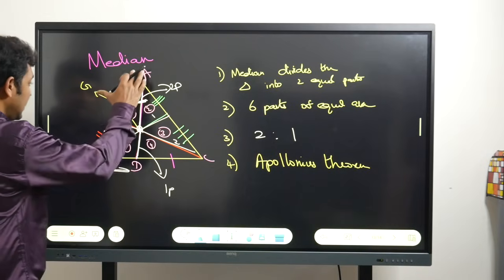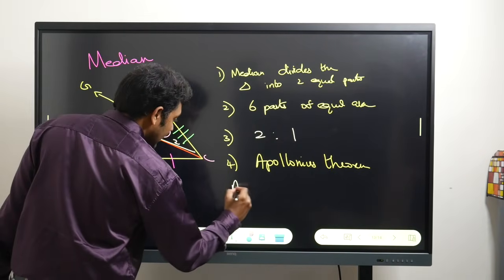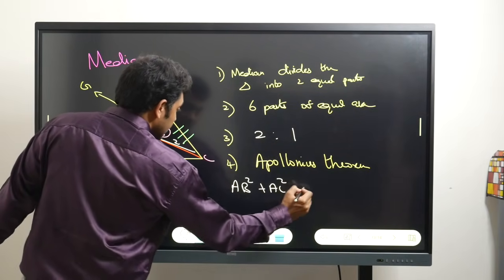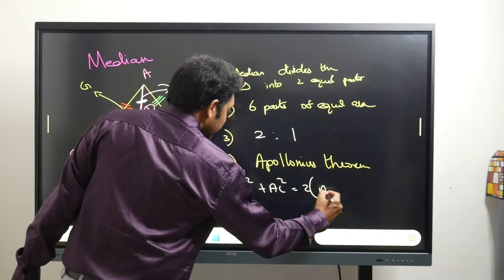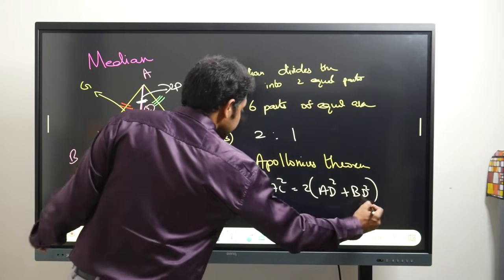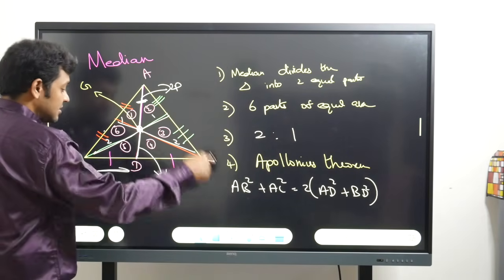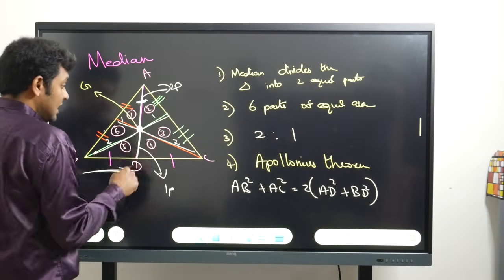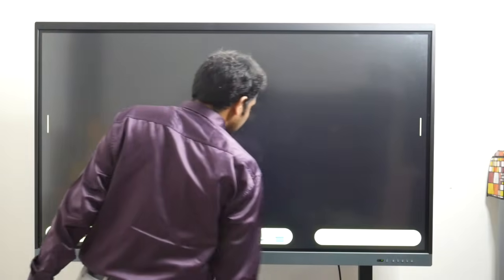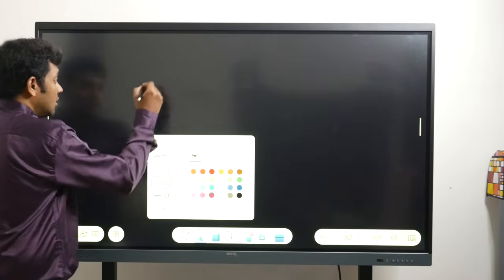Please note this carefully: AB square plus AC square is equal to twice AD square, the length of the median, plus BD square. This is Apollonius Theorem. It can be applied to all three sides, and it is useful in finding the lengths of the medians.